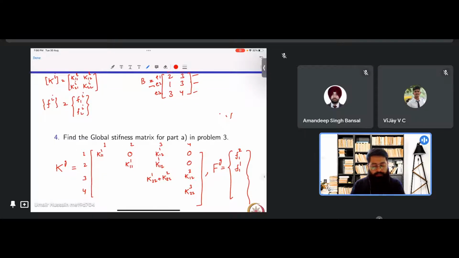Okay. And for 3, global 3 is present actually at 3 places. So I need to erase this. So 3 is basically the second node of element 1. It is also the second node of element 2. And it is also the first node of element 3.